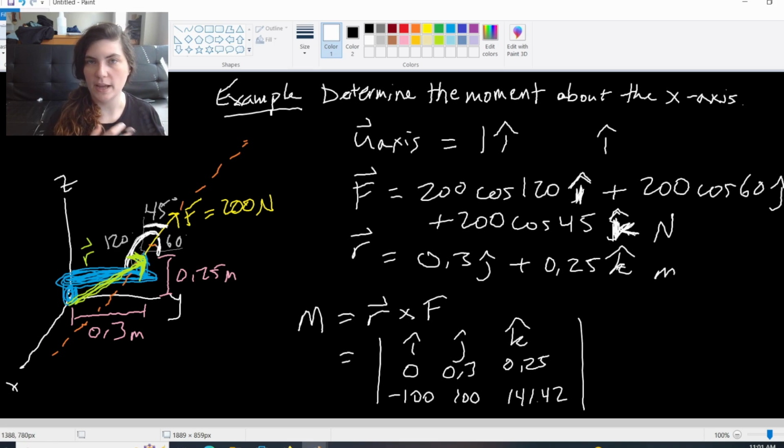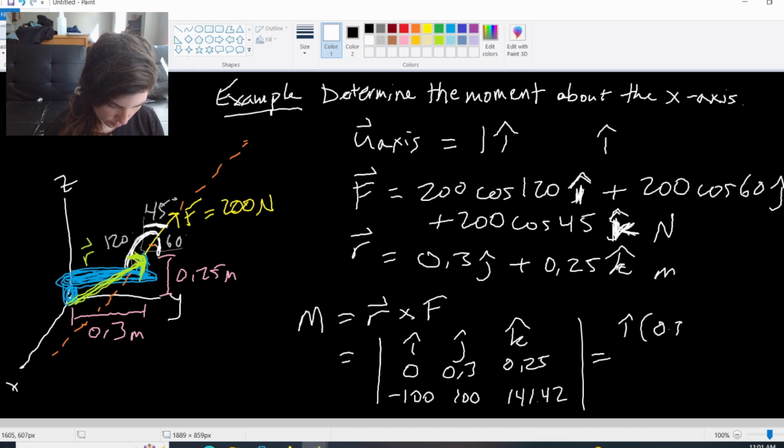And then I'll just multiply out the matrix as we had done before. We've done problems like this before. We take i hat times 0.3 times 141.42 minus 100 times 0.25. That's the i hat component.